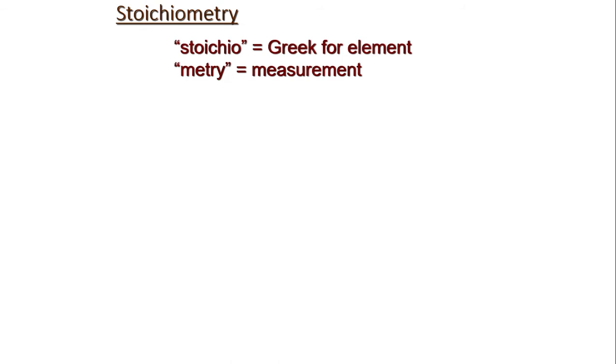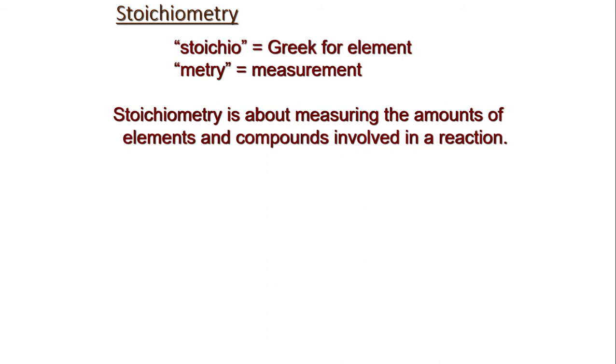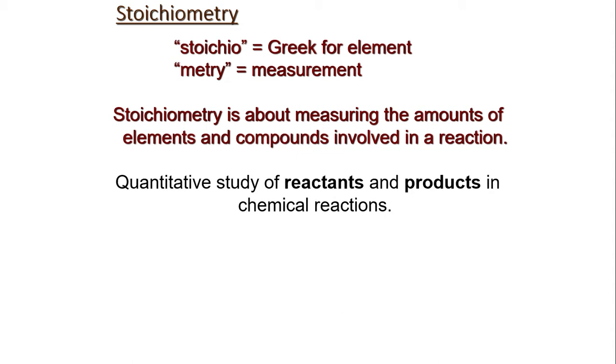So it is the measurements of the elements in a certain reaction. Stoichiometry is about measuring the amounts of the elements and compounds involved in a reaction. A quantitative study of reactants and products in chemical reaction is also what we call stoichiometry.